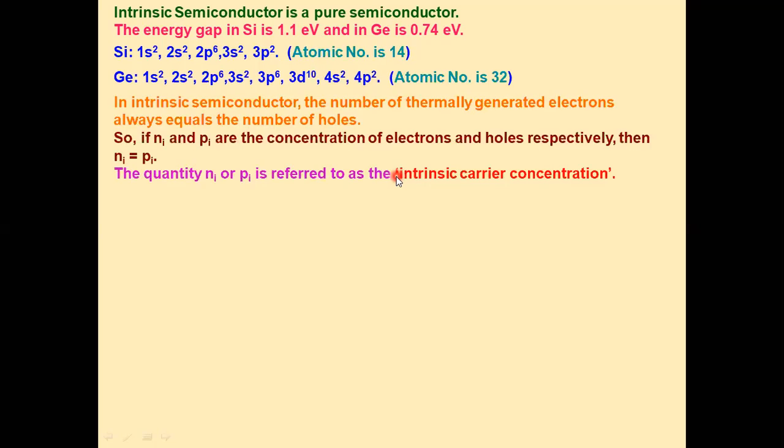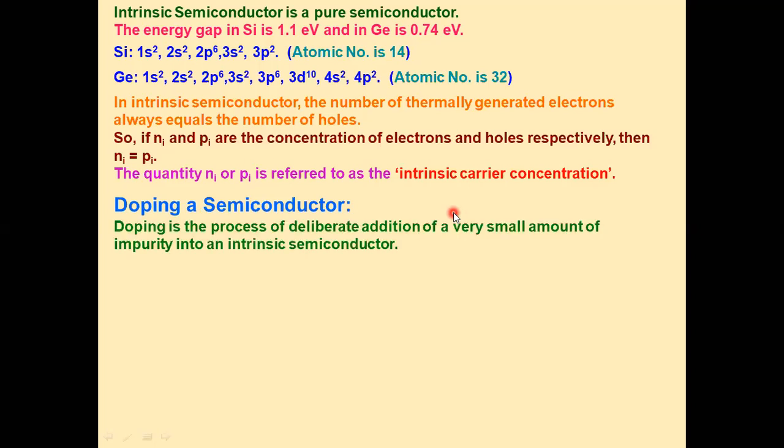Next, in an intrinsic semiconductor, the number of holes and the number of electrons are equal. The quantity of holes and electrons is the same. Then the next concept is the doping of the semiconductor. What is meant by doping?